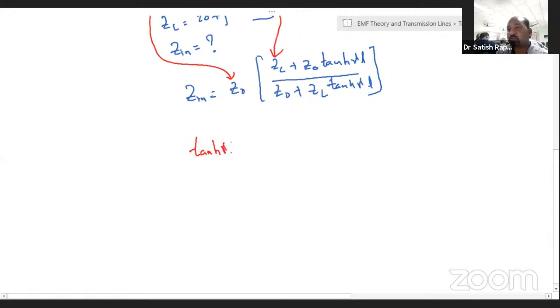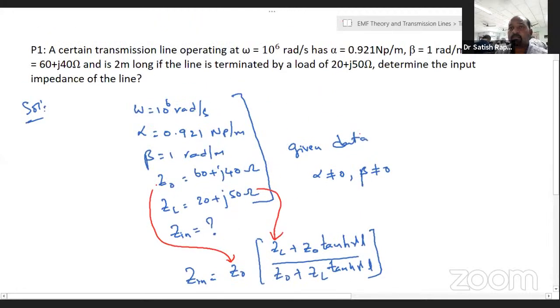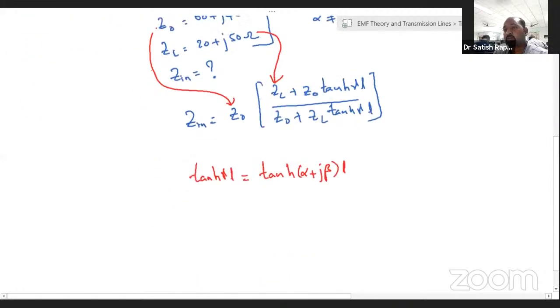Tanh gamma L is equal to tanh of (alpha plus j beta) L. And what is L? L is also given, L is equal to 2 meter long. I have forgotten to write 2 meter long. The transmission line is 2 meter long.